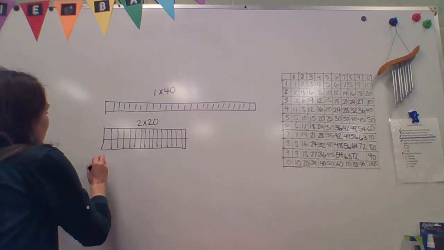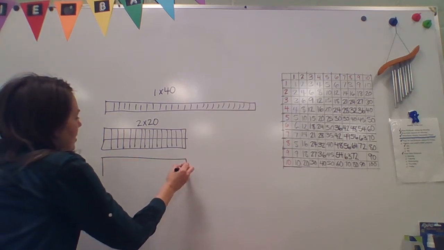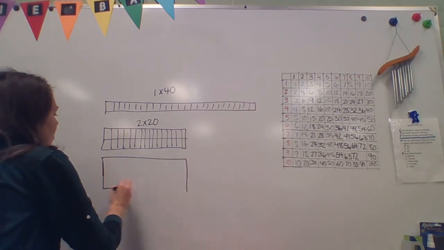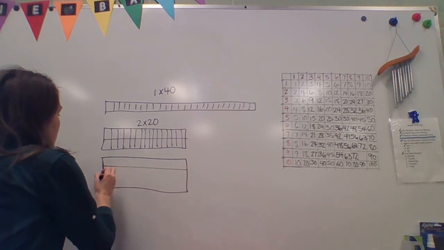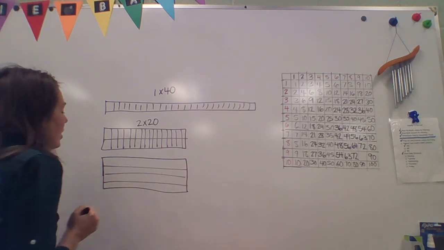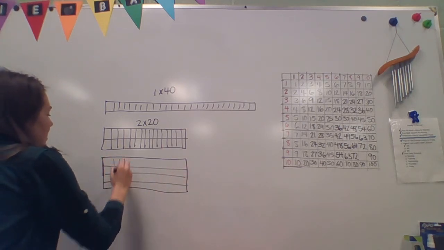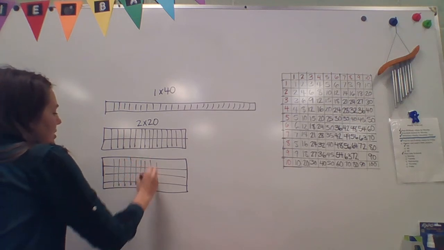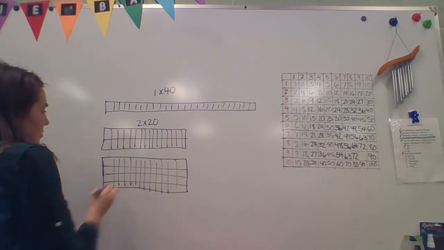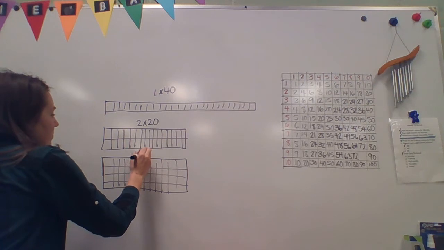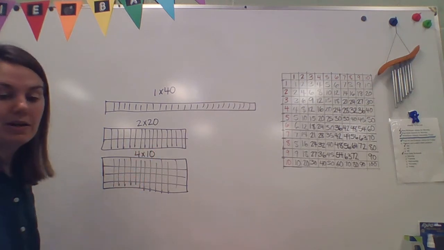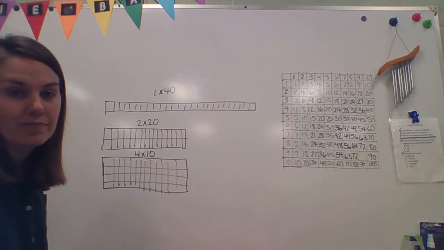Let's try 4. I know that 4 will work. So if I have 4 rows, 1, 2, 3, 4, then I'm going to have 10 in each row, right? Because 4 times 10 is going to get me 40. Okay, so that would be another area model that would work.